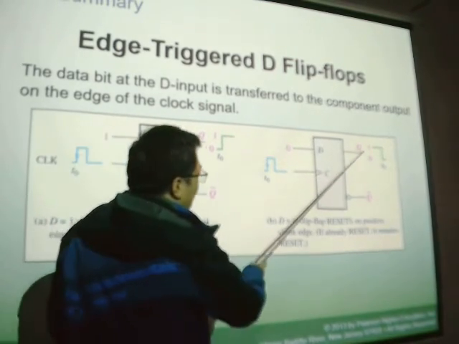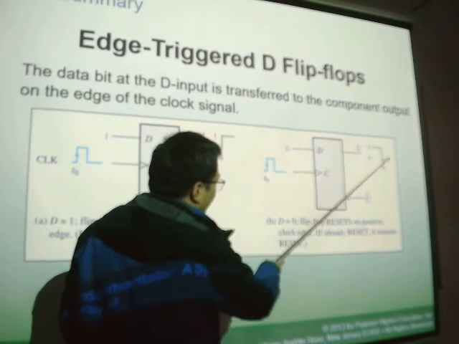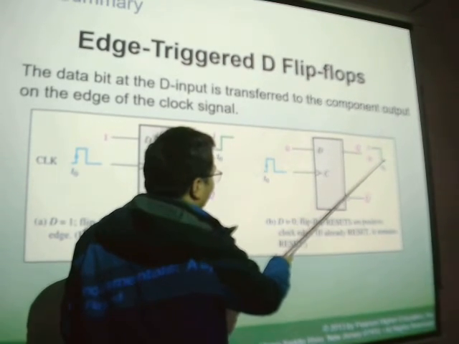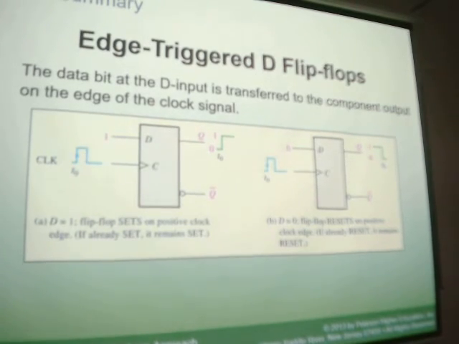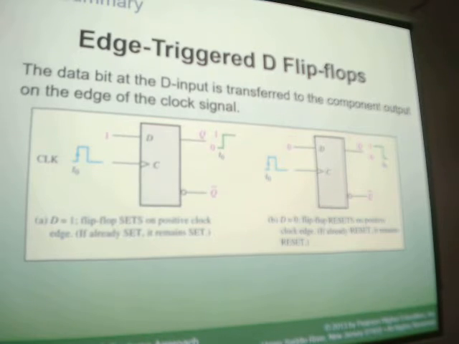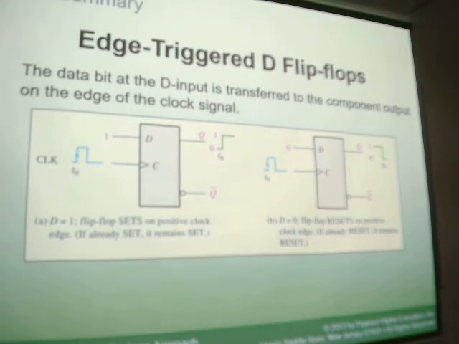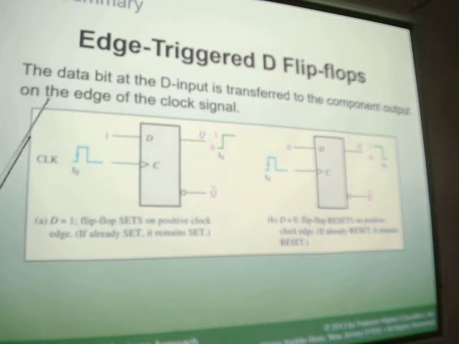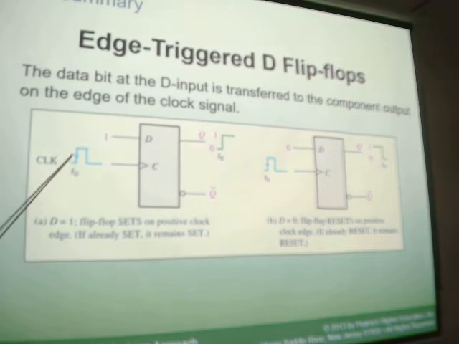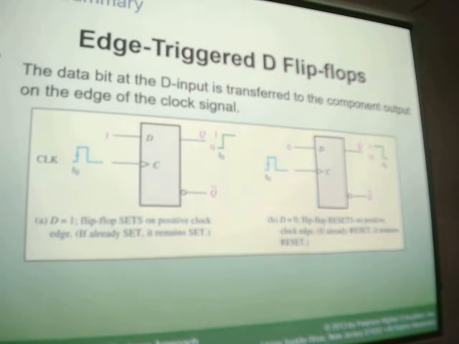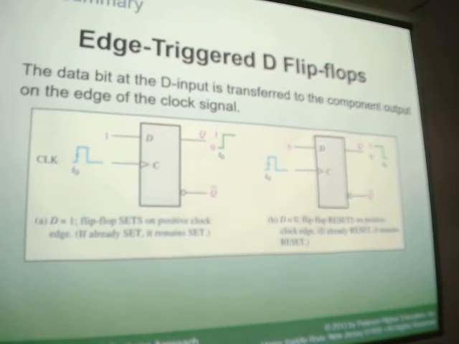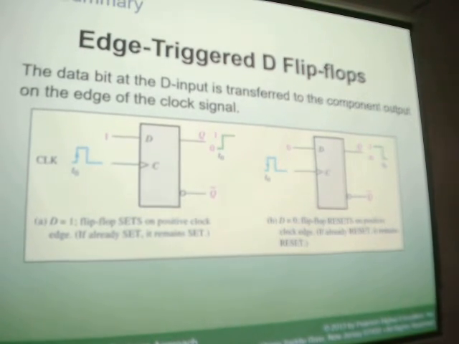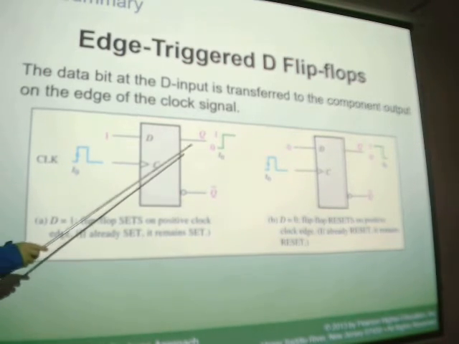If the initial value is 0, then the value will remain 0. We must understand the importance of the clock edge. Only when the clock edge comes will the output change or remain. Otherwise, the output will remain.